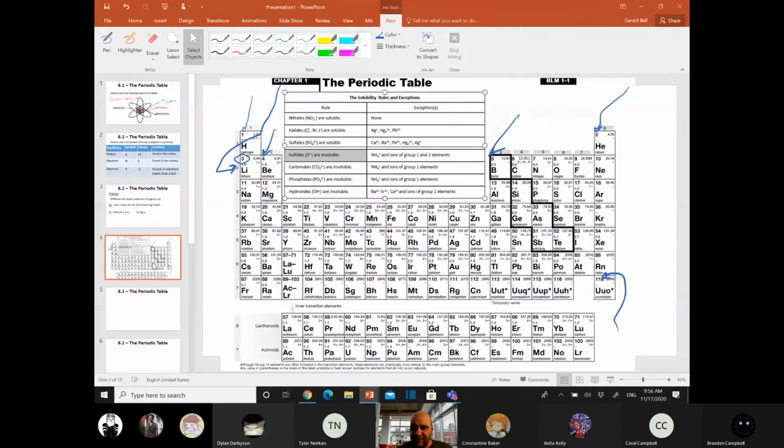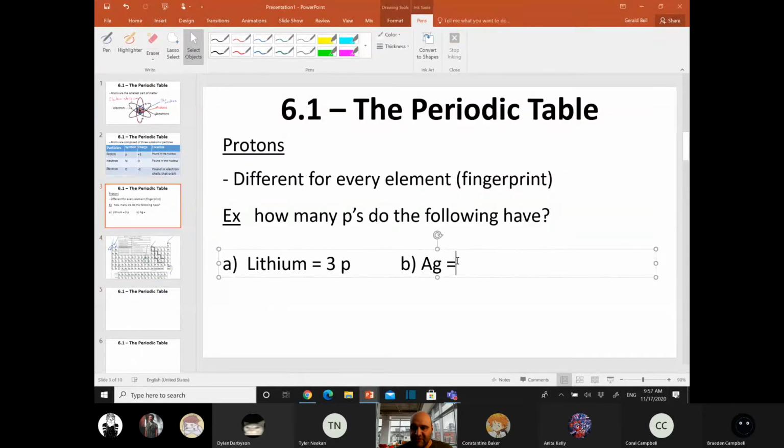If we go back to our periodic table, we just got to find the symbol Ag. Right there. So it's number 47. So it has 47 protons. Just that simple. I mean, yeah, it's a bit of a pain to find these things, right? So this one has 47 protons.